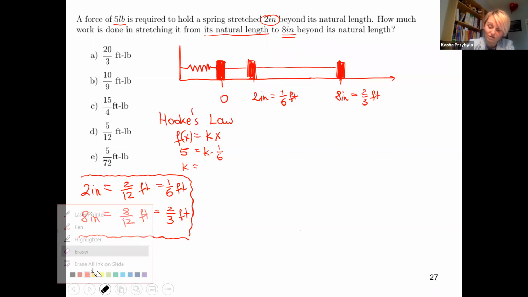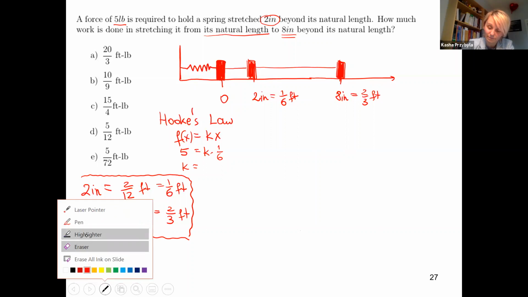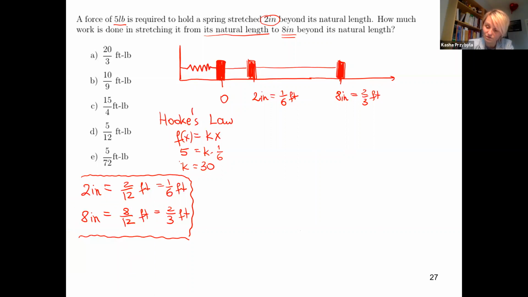That's when we do have our function. My function is just my force, it's 30x. And in order to find the work, it's not a constant, because the distance is making the work harder.